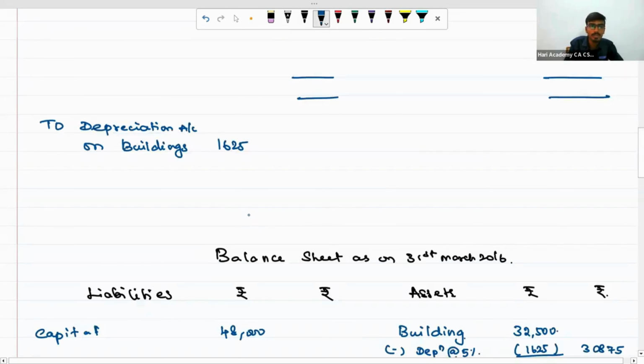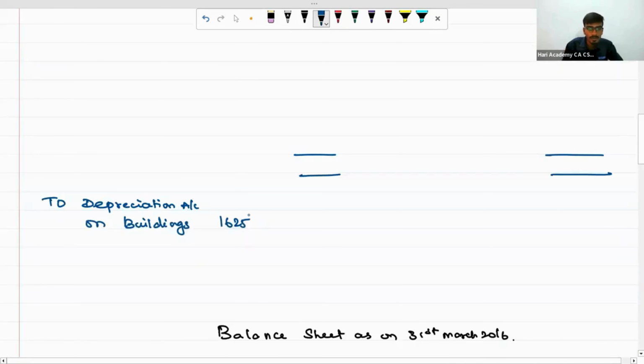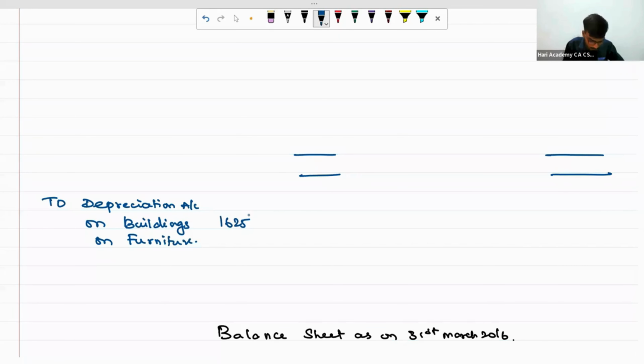So now go to this part, on furniture, what is the value? 250.